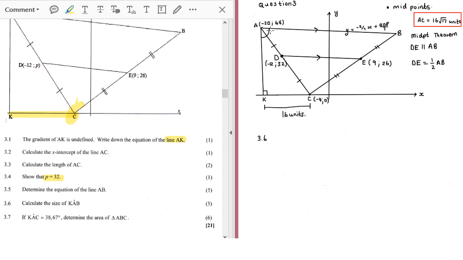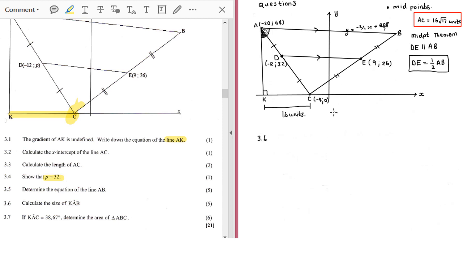Okay, this is quite a lengthy question unless you can see a shorter way to do this, but I'm basically aiming to calculate this angle using one of the trig ratios in this right angle triangle AKC, and then I am planning to calculate this piece of the angle, where I'm putting dots, using the cosine rule, because with the cosine rule I just need the length AB, which I can get from this property over here, and I need the length AC, which we already calculated in 3.2, that is 16 root 17 units.